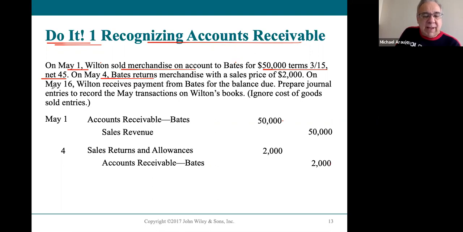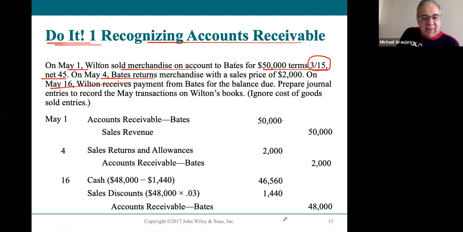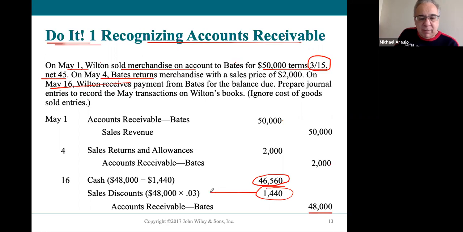And then within that 15-day period, because it's 3/15, they're taking a 3% discount and sending the rest. And so what happens then is that $48,000 of receivables, which you have on the books, has a value of only $46,560 because that's the cash you collected. The difference is the discount you've allowed them to pay early.